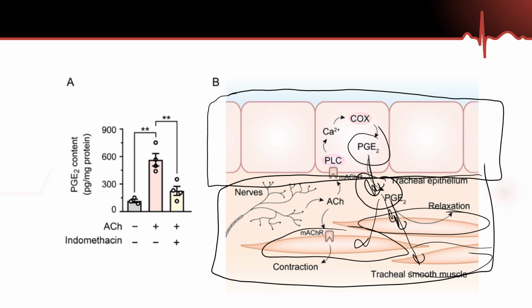And then the prostaglandin rips right through the plasma membrane of the smooth muscle cell, because it's nonpolar, hydrophobic, because it's formed from a lipid, which is arachidonic acid. So it goes right into the smooth muscle cell, binds to a receptor inside of the smooth muscle cell, and causes the smooth muscle cell to relax.